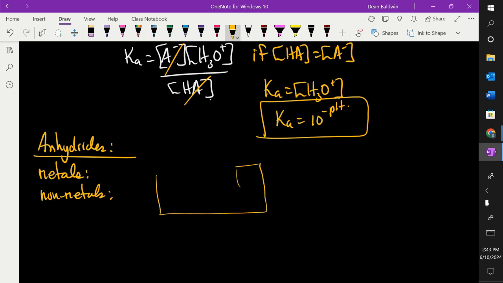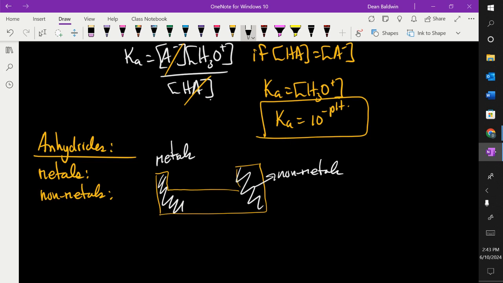Basically, there was two trends you had to remember. Does anybody remember the trends? So here's the metals, if this is the periodic table. And there's the non-metals. If you remember acid rain, you can do this.